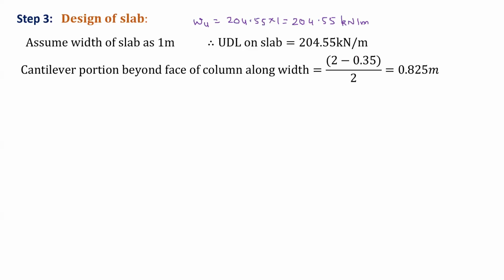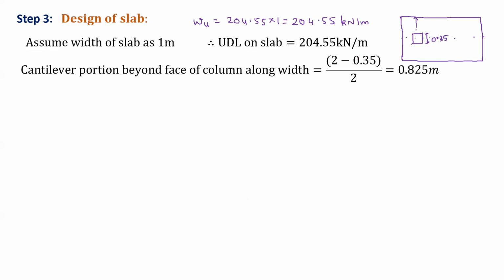Then the cantilever portion beyond the face of the column. Now we are in the transverse direction, and we have to consider the minimum width of the column in that case. So for the column load we have this value 0.35. And then what will be the face beyond this?